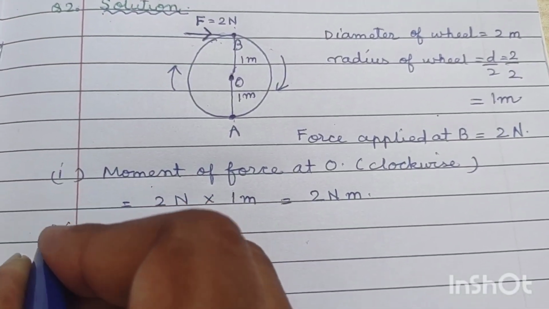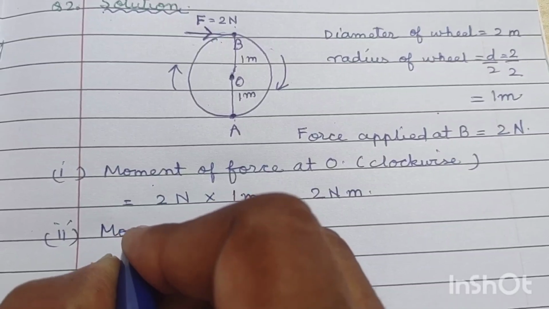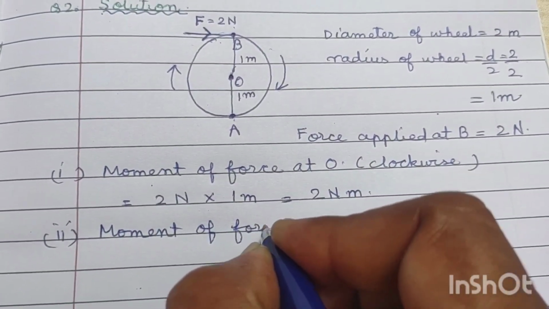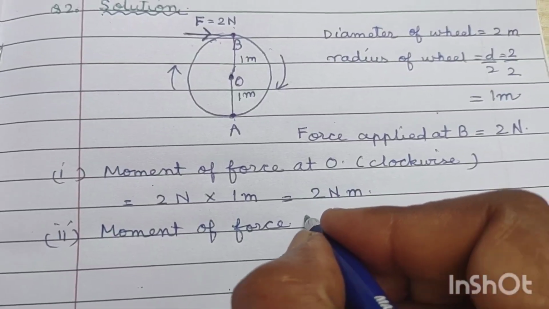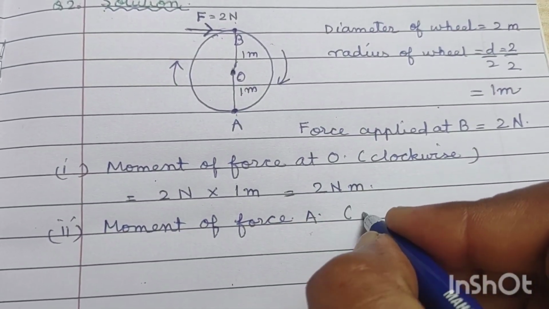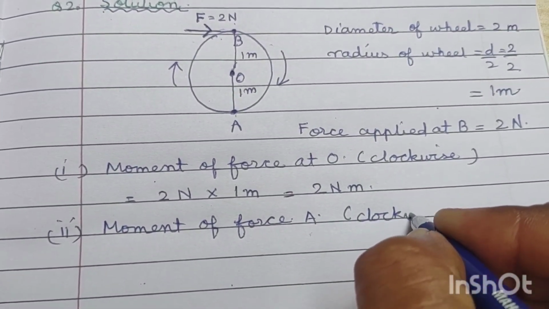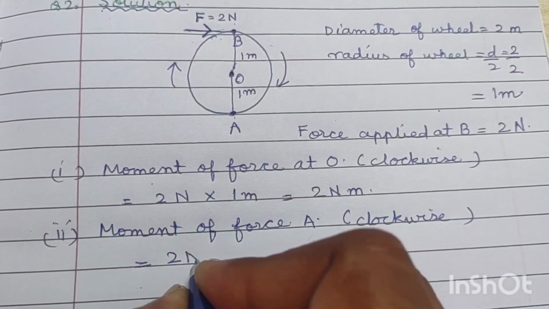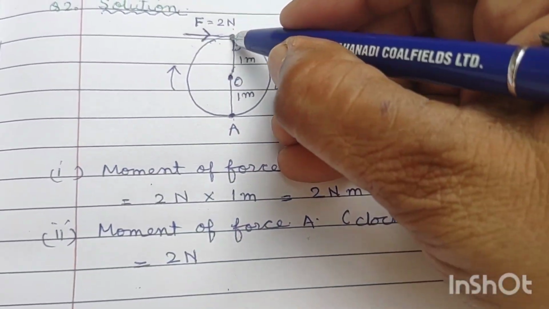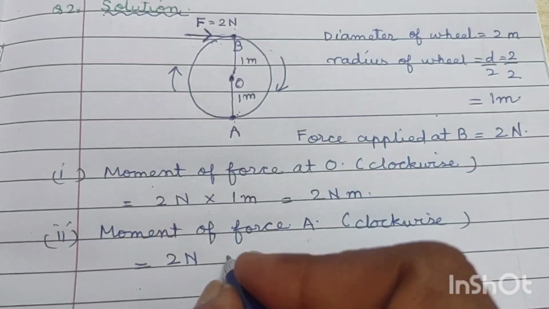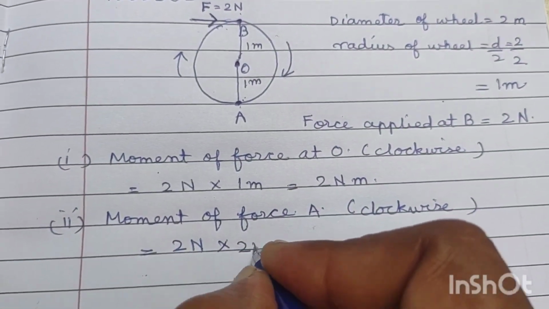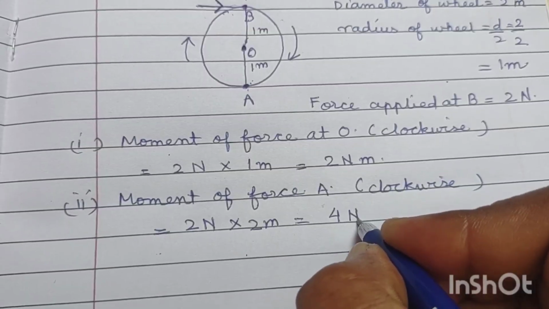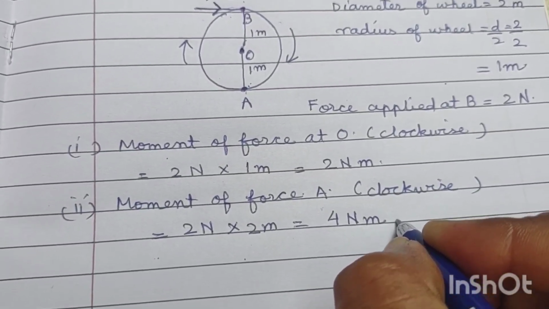And for part 2, moment of force at A, which is also clockwise, is force 2 Newton and distance from B to A is the diameter, that is 2 meter, which is 4 Newton meter.